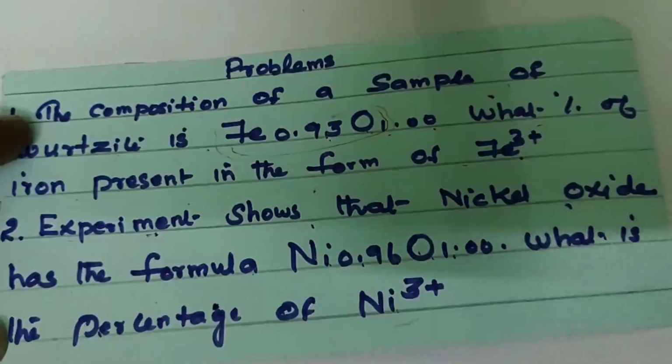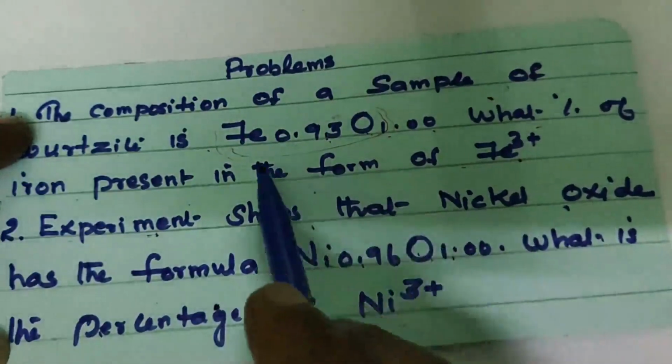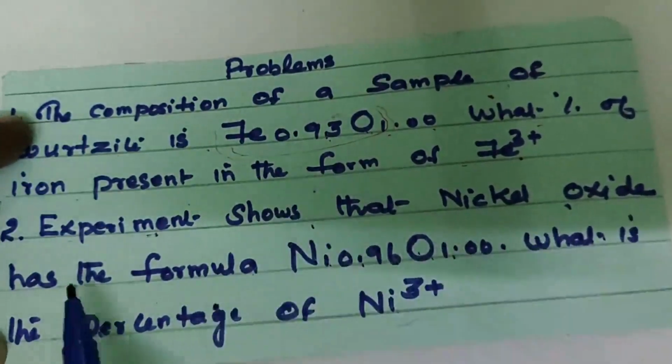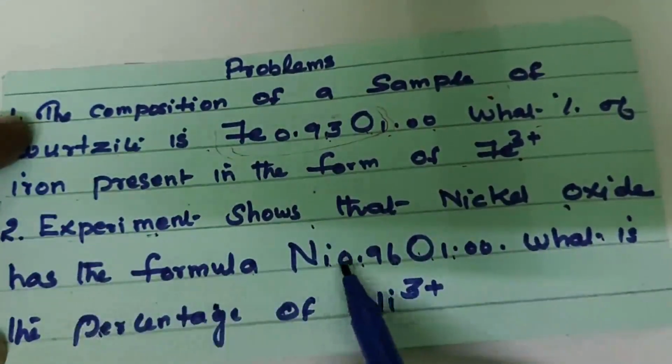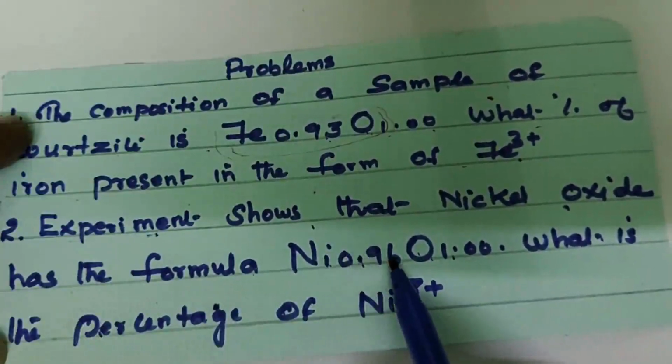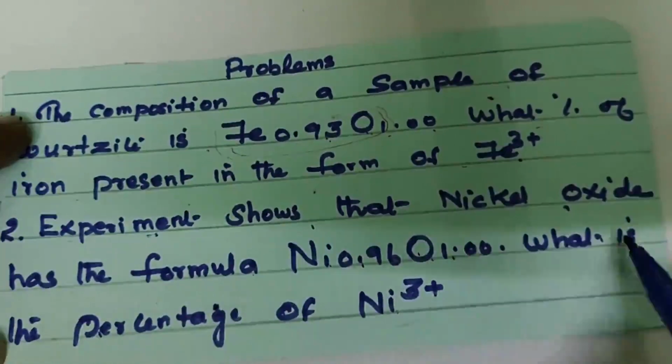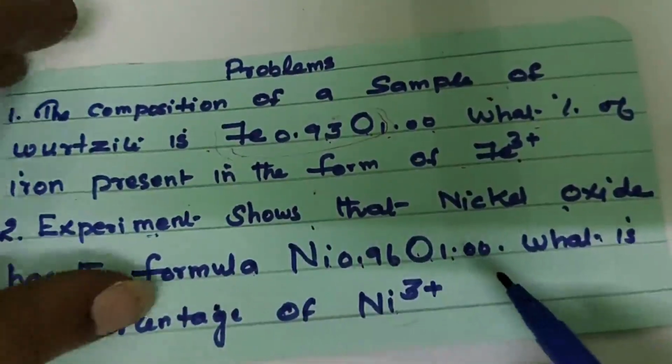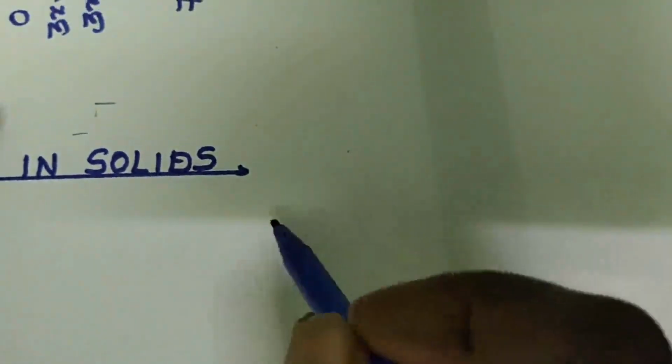Like the previous one, the experiment shows that nickel oxide has the formula Ni0.96 O1. What is the percentage of Ni3+? So this is the same as the previous one.